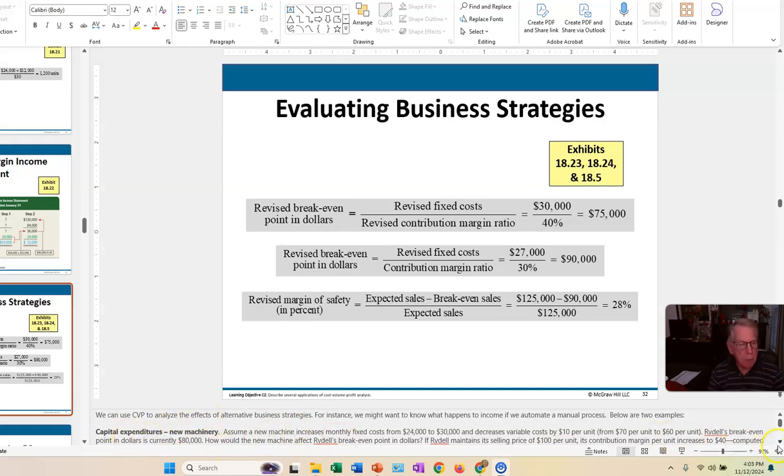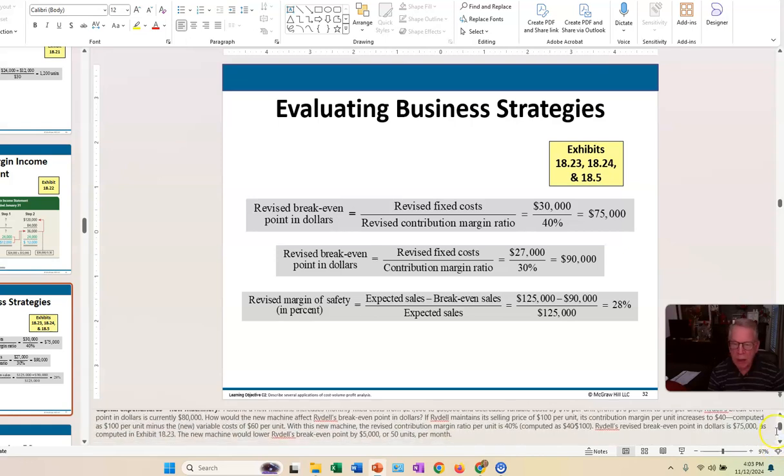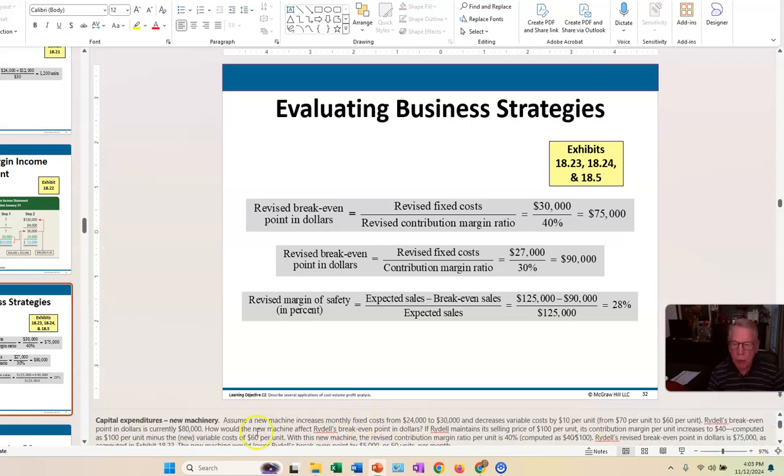And what that was supposed to illustrate was that in this case, we assumed that a new machine increased monthly fixed costs from 24,000 here to 30,000 here. And it decreased variable costs by $10 per unit.